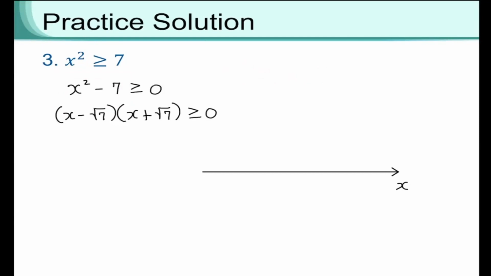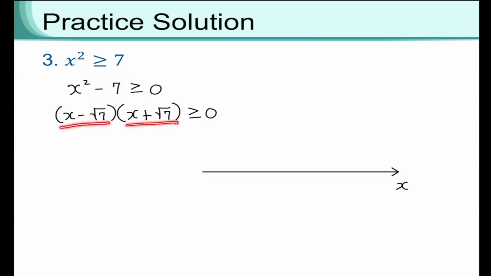Because you can write 7 as the square root of 7 squared, and it becomes a difference of two squares. Okay, so the factorization will be x minus square root of 7 times x plus square root of 7.